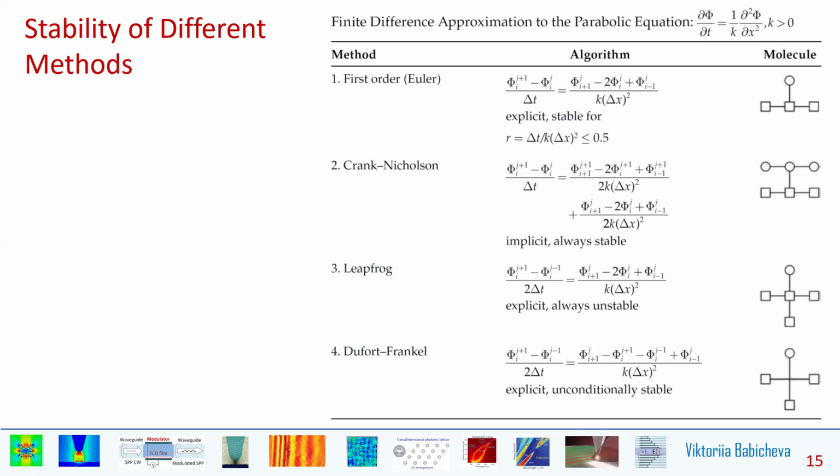An implicit method is the Crank-Nicolson method, and its order of approximation is equal to delta t squared plus delta x squared. This method has the advantage of being unconditionally stable.